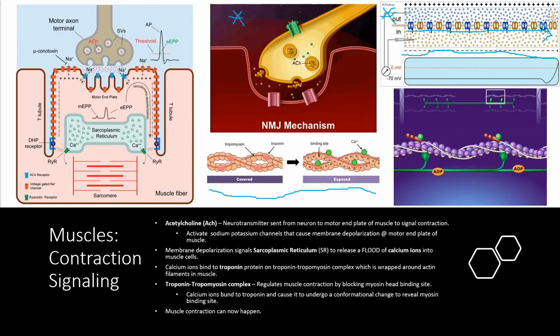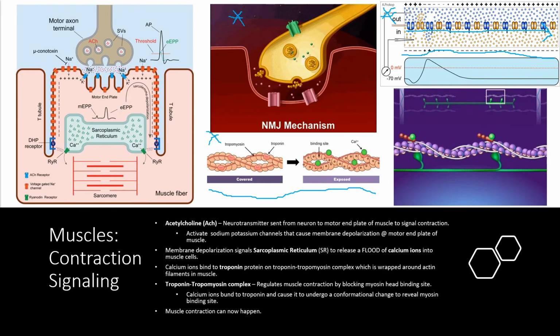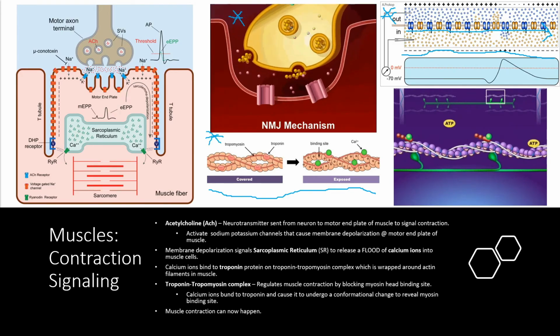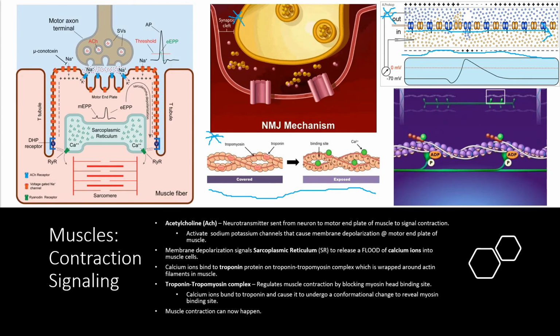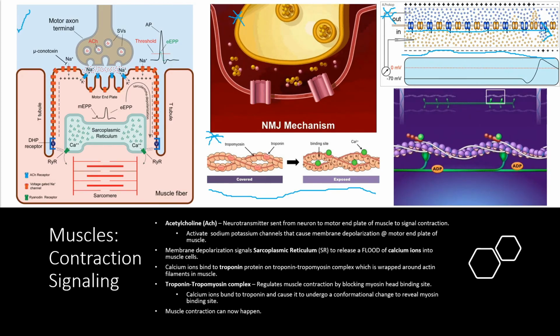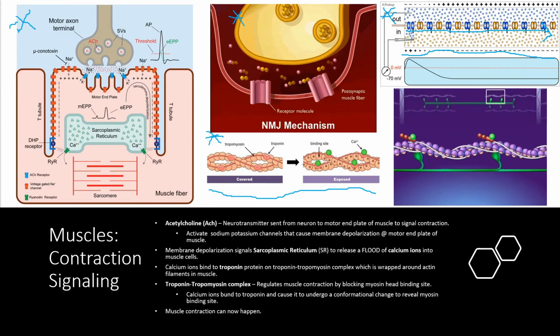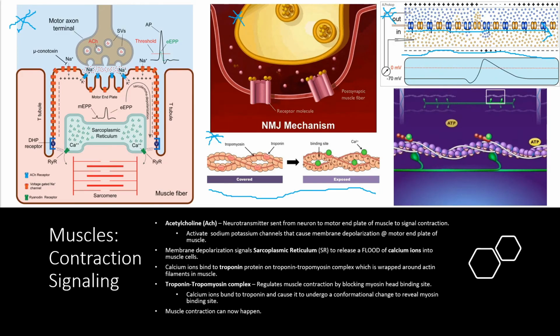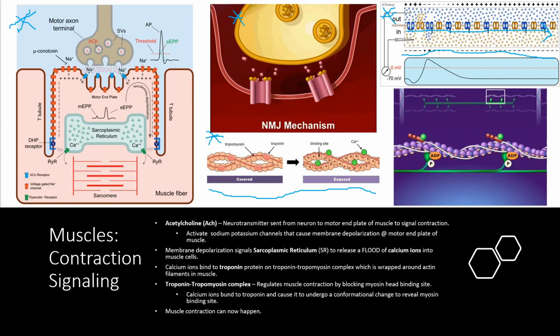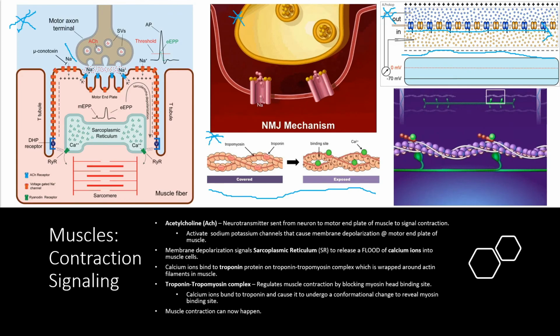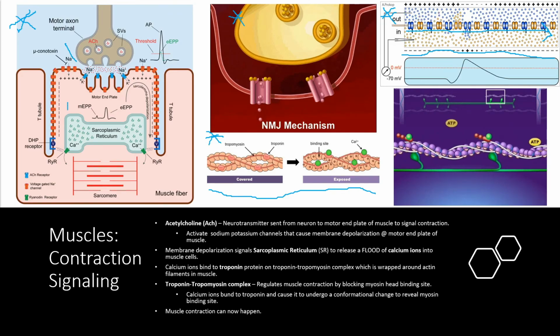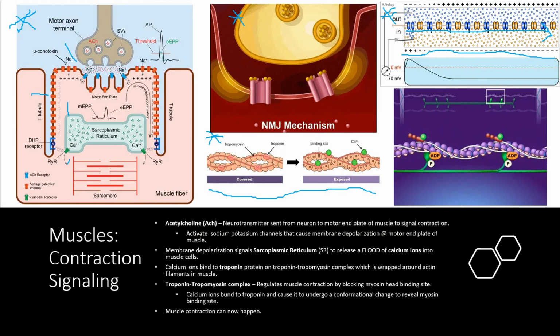We have the troponin, tropomyosin, and how it interacts with the actin molecule down here at the bottom. And then up here at the left, you have the overall schematic of the signaling and where these things are located in terms of the neuromuscular junction, and also the sarcoplasmic reticulum, T-tubules, and the sarcomere.